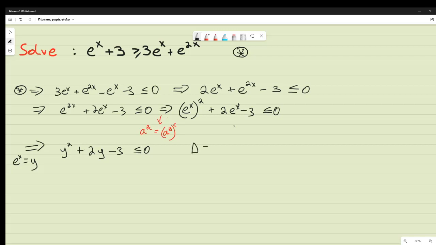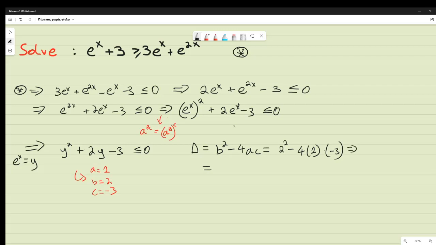The delta will be b squared minus 4 multiplied with a and c. Here we can see that a is equal to 1, b is equal to 2, and c is minus 3. And we continue doing the replacement. It will be 2 squared minus 4 multiplied with a, that is 1, multiplied with minus 3, the c.